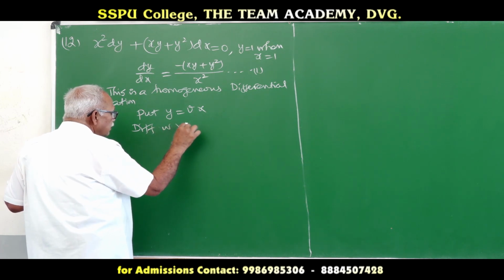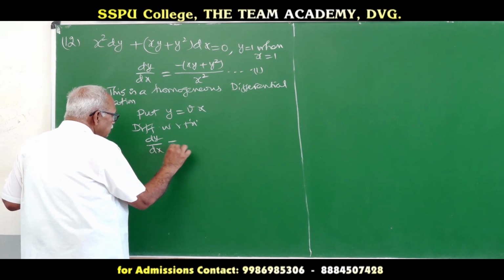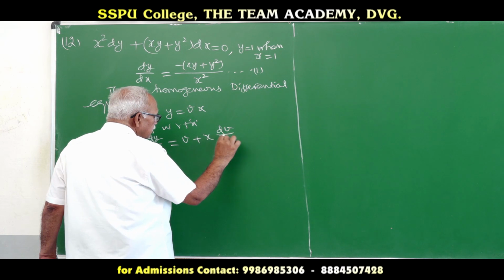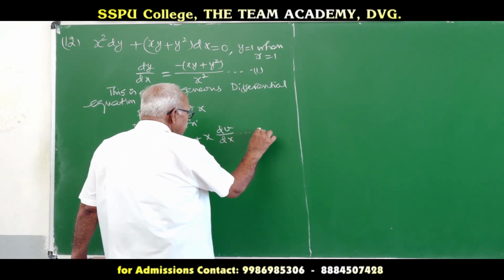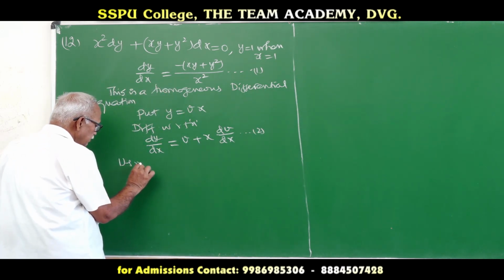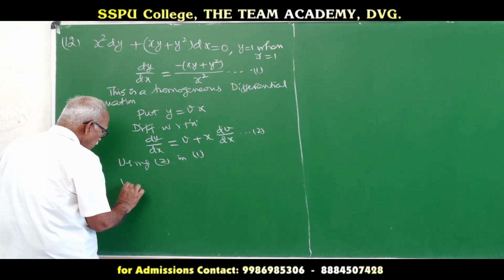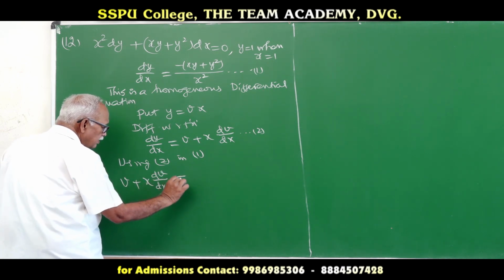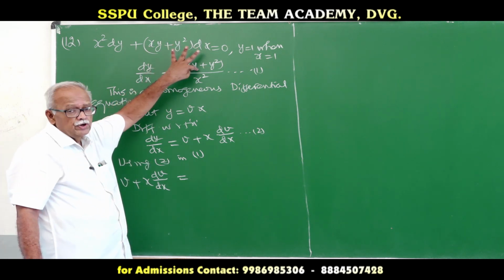differentiating with respect to x, dy by dx is equal to v plus x into dv by dx. So, using 2 in equation 1, we get v plus x dv by dx. How will you do this? y is equal to vx.